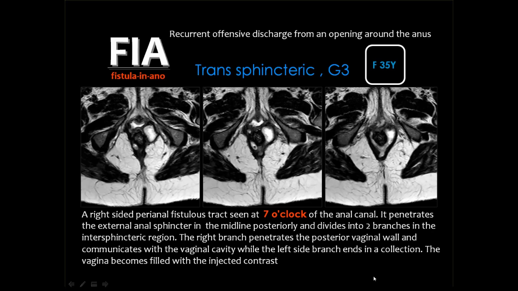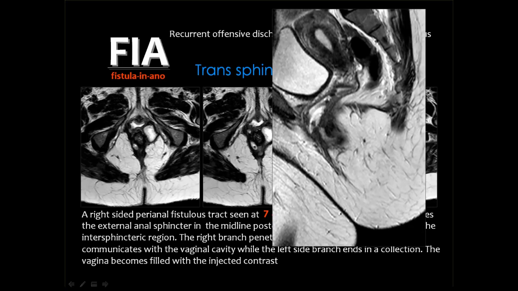Then, if you follow the track on the right side, you will find that this is the vagina, and you will find some connection between the track and the vagina. Actually, look at the beautiful sagittal image. This is the fistula tract, and this is the vagina. And here you can see the very subtle connection between both.